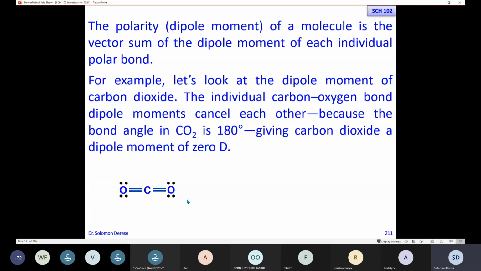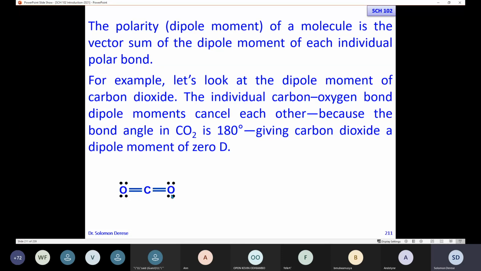Now let's look at each of the carbon-oxygen bonds. We have agreed the shape is linear, so these atoms are found in a straight line. Let's look at the polarization of this carbon-oxygen bond, forgetting about the other oxygen. Here you see a chemical bond between two different elements, carbon and the second most electronegative element, oxygen.